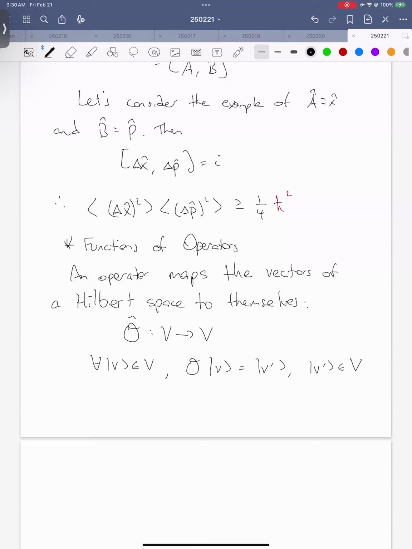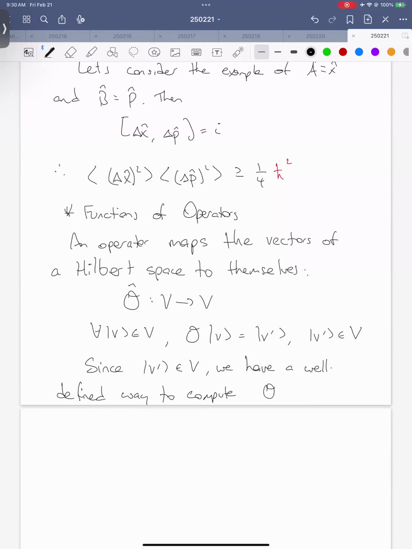Now, since this v prime is also an element of the vector space, we have a well-defined way to compute the operator squared, which is also an operator going from the vector space to itself.